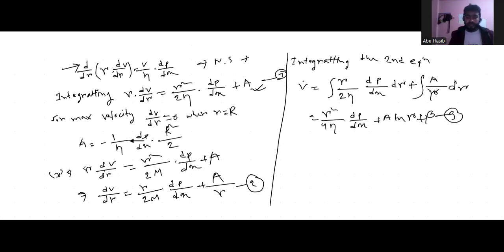So when v is equal to 0, r is equal to r1, and r is equal to r2.